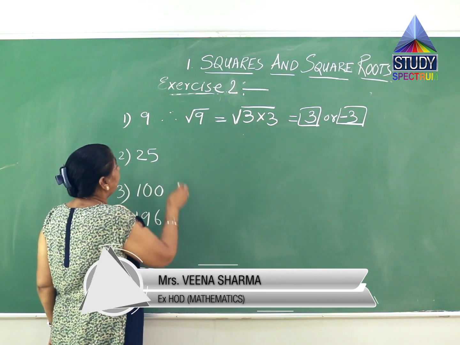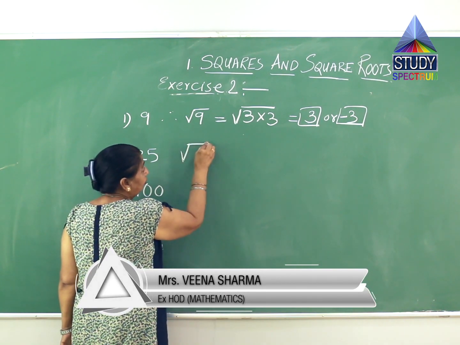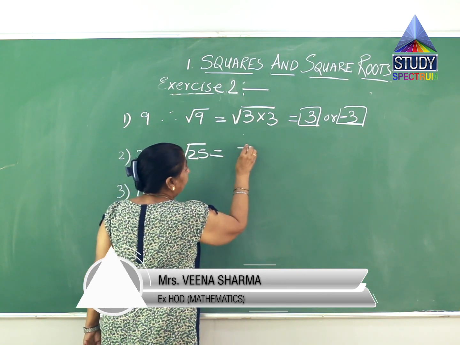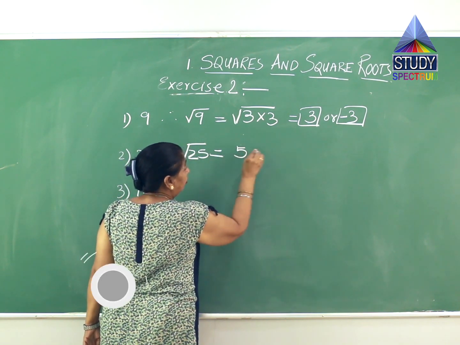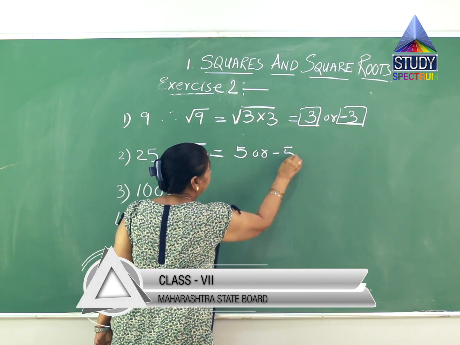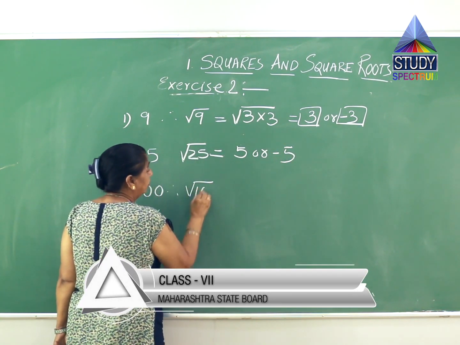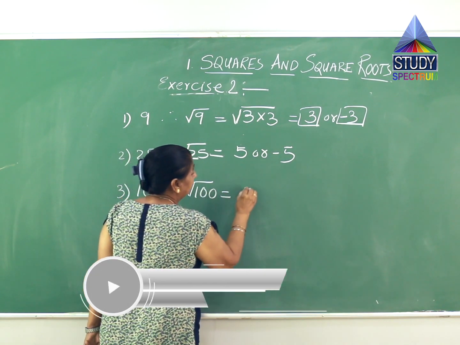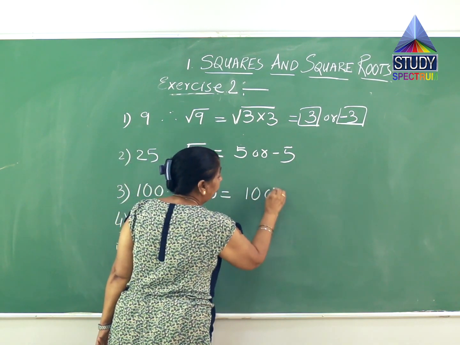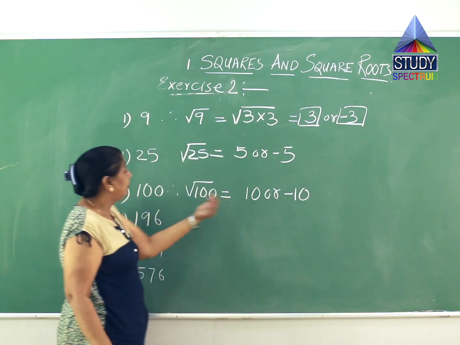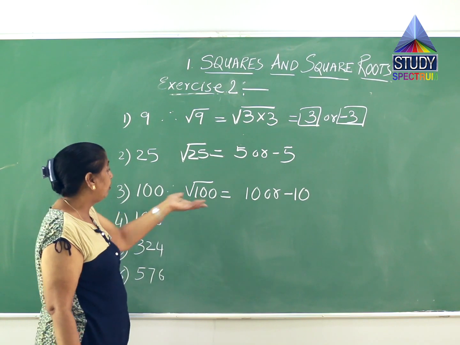Now same with 25. To find the square root of 25, it is positive 5 or negative 5. The root of 100 is, I know, positive 10 or negative 10, as negative 10 multiplied gives me 100 and even positive 10.